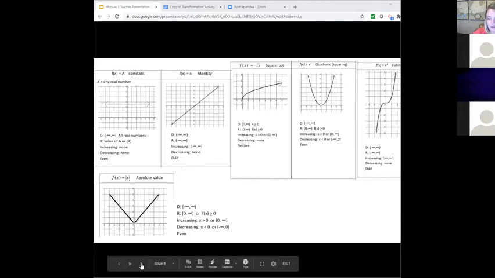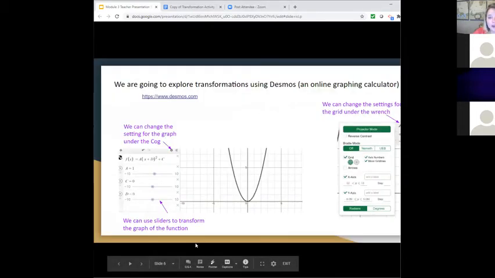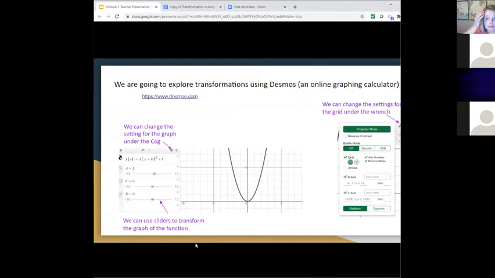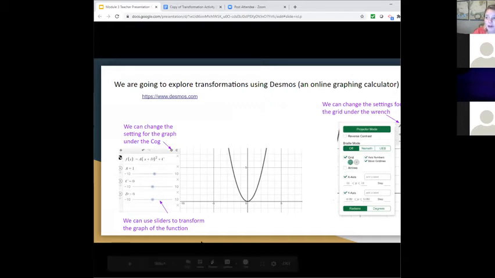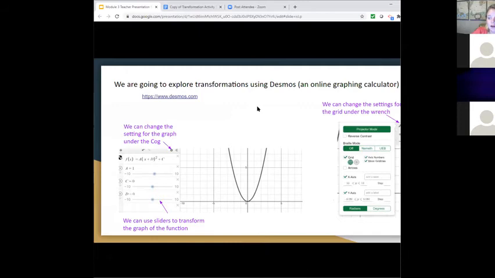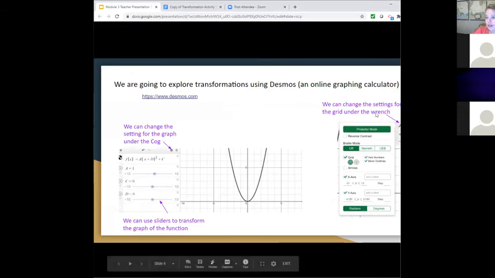What you're going to have an opportunity to do is work on Desmos. Hopefully most of you are familiar with Desmos and know that in Algebra 2 you probably did the capstone assessment, and in the capstone assessments you have the Desmos calculator. So you'll have a chance to look at those.